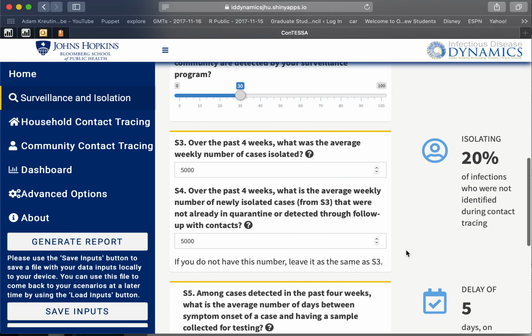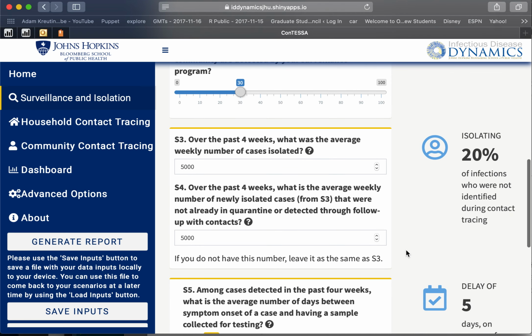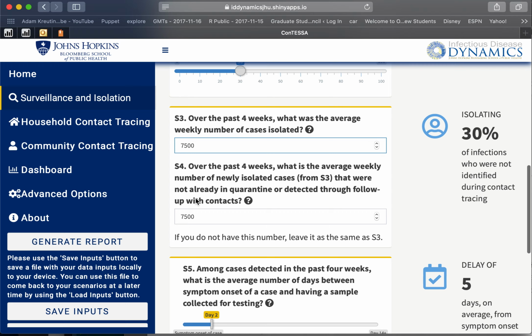And then the next question asks, on average, what is the average number of cases that are isolated? And so it's possible that you're detecting people, but you're not actually isolating them. Although in my community, we are isolating everybody that we're detecting, and so we're going to put that back up to 7,500. And then this next question asks, what is the average number of newly isolated cases that were not already in quarantine?